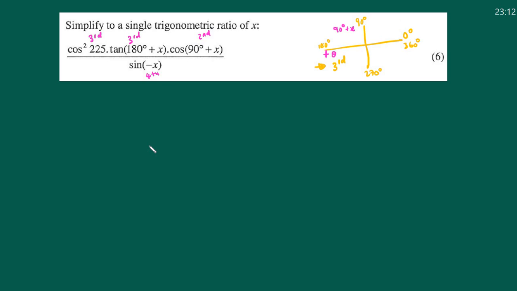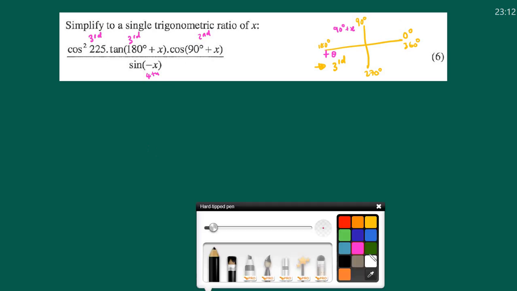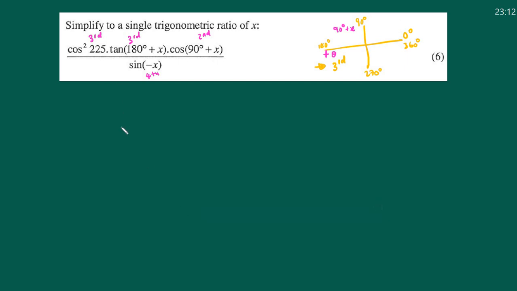Good. After identifying them, this is then what you do, right? Those that have squared, you deal with the squared first, okay? Those that have squared, you are going to rewrite it but put all of them, say all squared. So for example, this first one, you are going to rewrite it as cos 225 degrees.